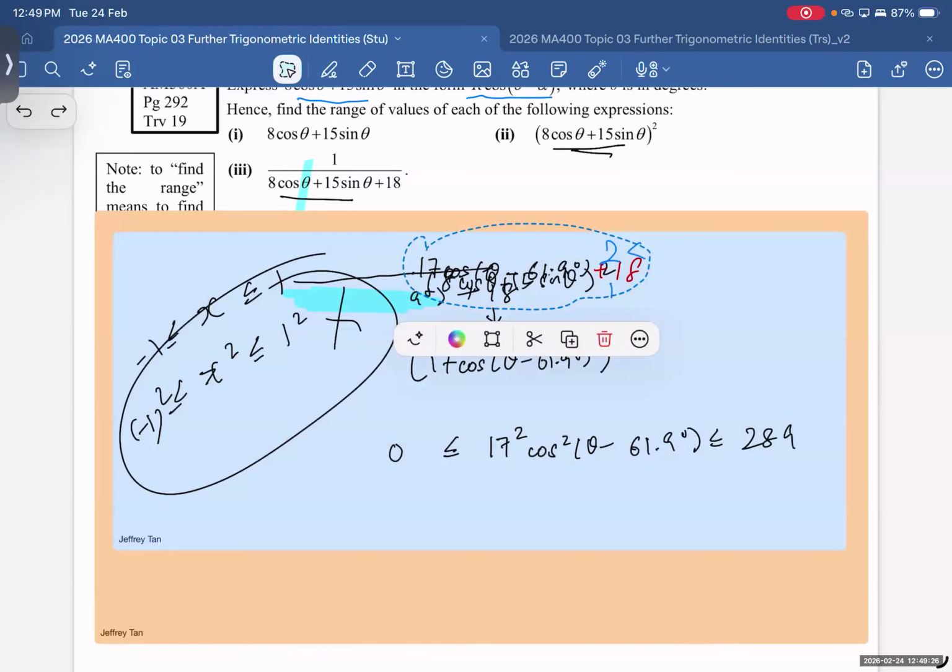So here, if I take 1 over 17 cosine of theta minus 61.9 plus 18, compared to 1 over 35 and 1 over 1, it flips. At first it's a less than, this one will be more than. The middle one is between 1 and 35, and 1 over positive will be positive.